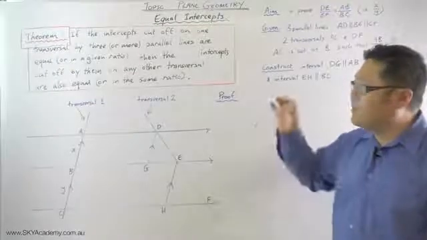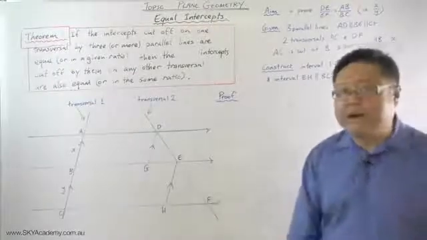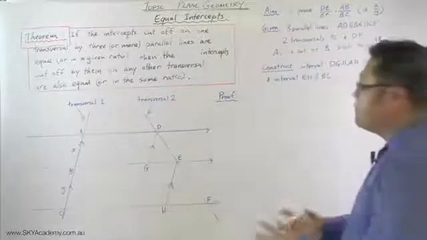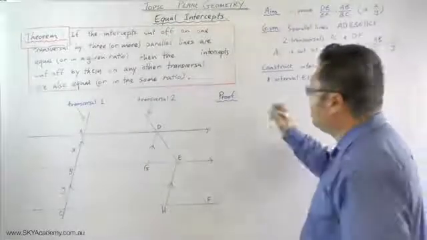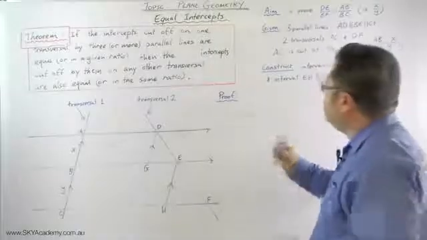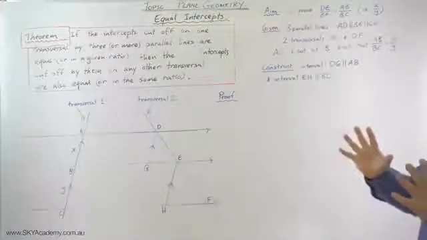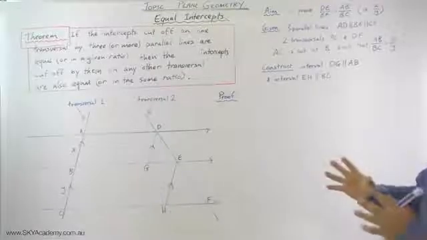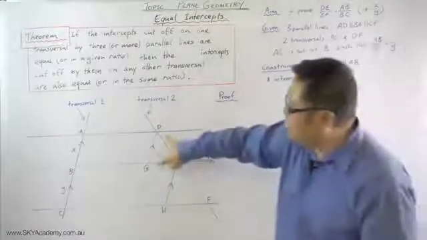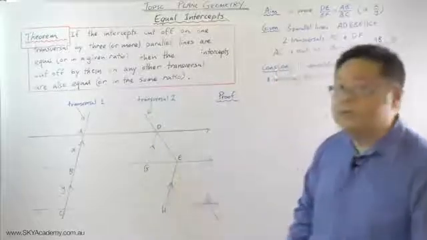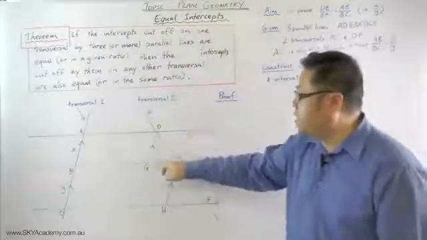So let's hammer this proof out, and I'm going to show you how I'm going to do this. Basically, here's my proof. What I'm going to do is construct two other lines. I'm going to construct D to G, and I'm going to construct E to H, so DG and EH.